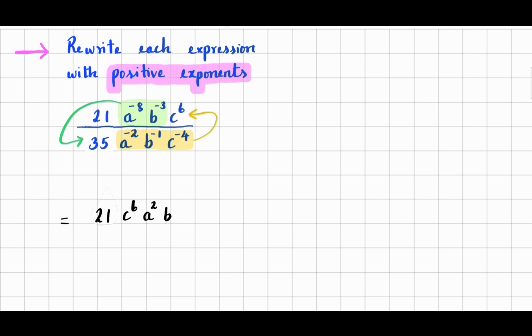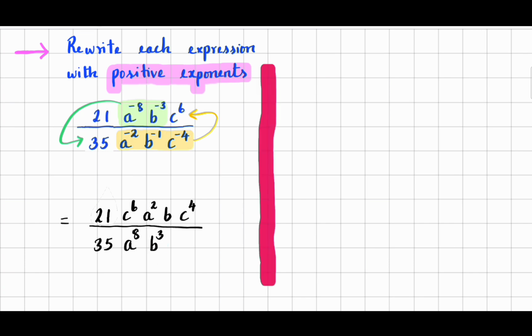And if I bring this c power negative 4 to the numerator, we get c power 4 divided by, in the denominator I am just bringing down the 35 which I didn't use. Then if we bring this a power negative 8 to the denominator, we get a power 8. And finally, if we bring this b power negative 3, we get b power 3.